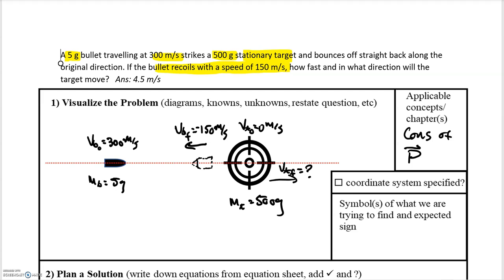so that we conserve momentum. Again, the coordinate system is going to be positive X direction to the right, just like up above. And since we solved the momentum equation up above in terms of just the variables, we can reuse that same momentum equation.